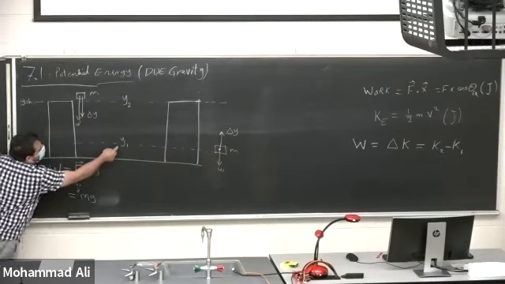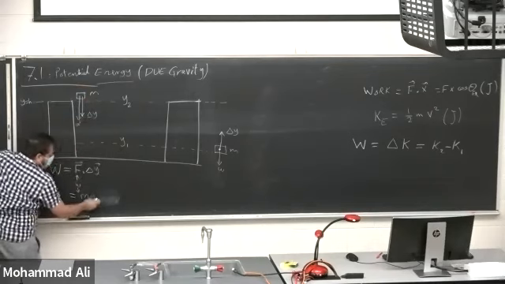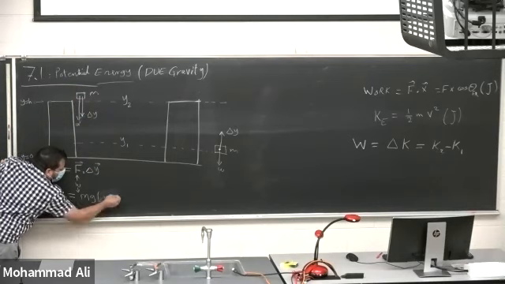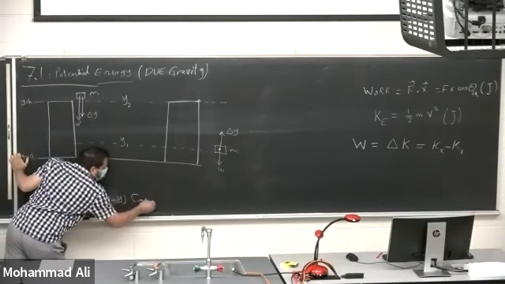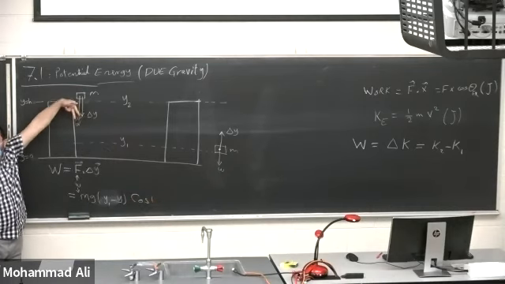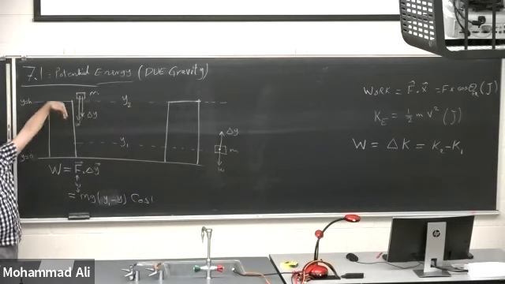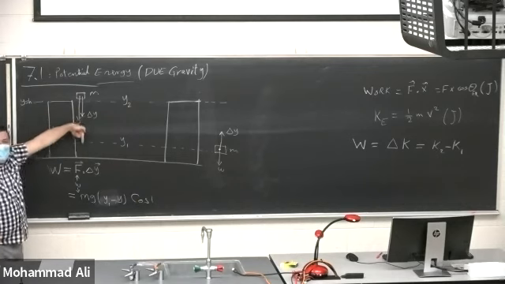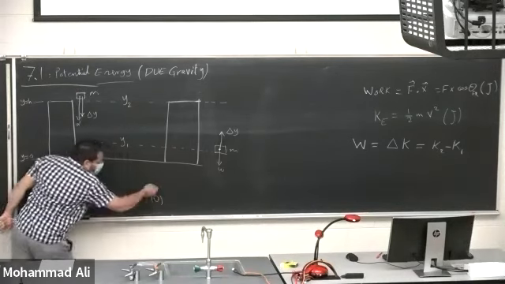Delta y is equal to y1 minus y2. This is y initially, this is y finally. y1 minus y2, and cosine theta between them. How much is theta between y and the weight, the force? Zero, yes. Both of them are in the same direction, downward. The weight is downward, the movement is also downward. So cosine 0 is equal to 1.